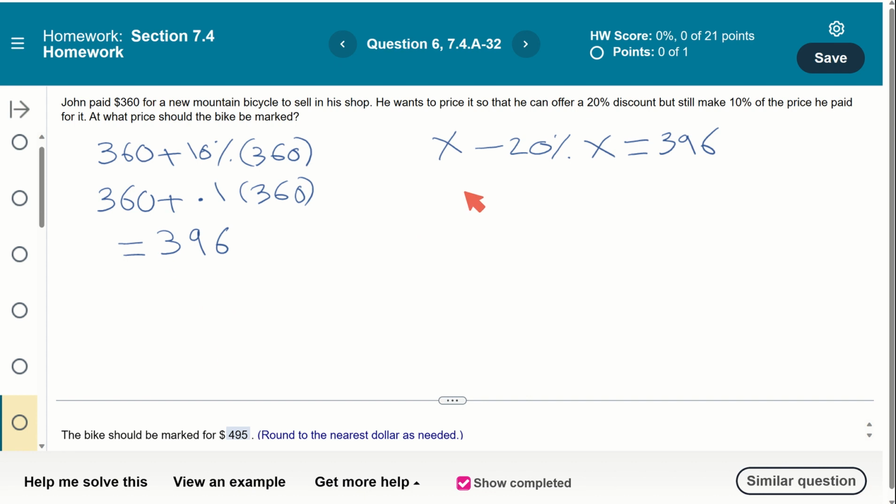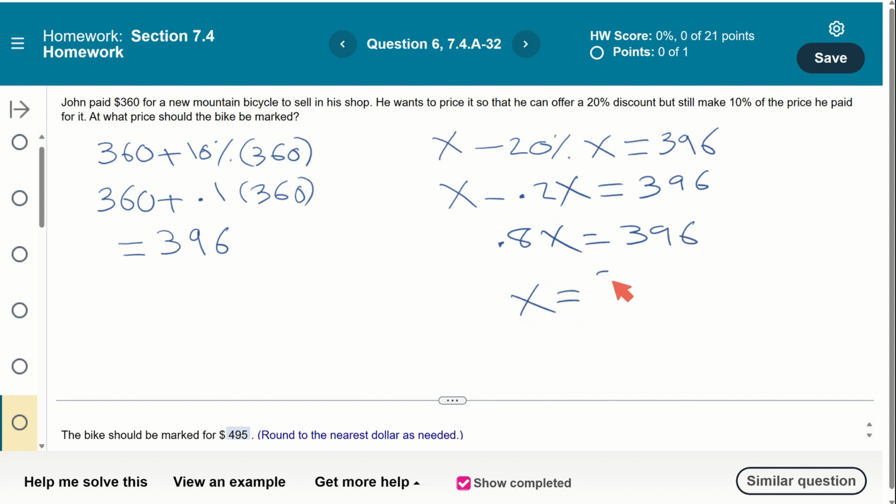So that's X minus, and remember 20%, that's just 0.2. 0.2x equals 396. That's 1x minus 0.2x, so that's 0.8x equals 396. So x equals 396 over 0.8. And that's how you can figure this out quickly.